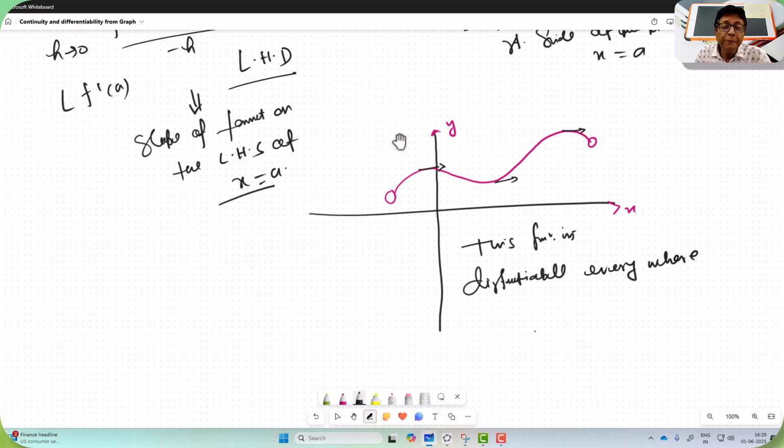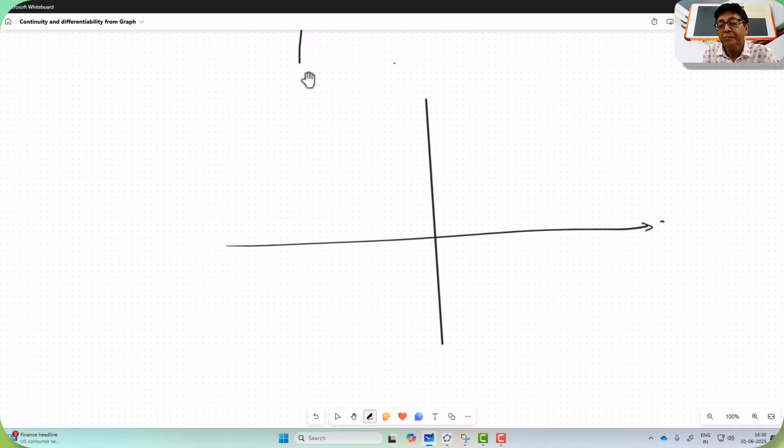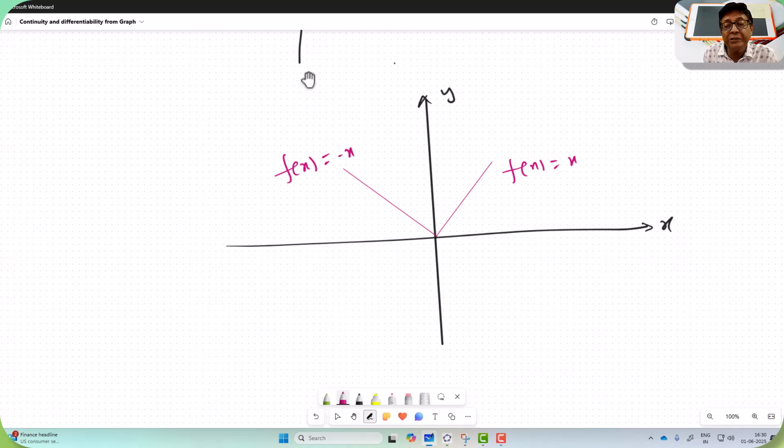But there is a problem when the graph of the function has a corner, sharp edge, like this. f(x) equal to the function mod x. The mod x function doesn't have unique tangent at x equal to 0. f(x) equal to x for x greater than 0, and f(x) equal to minus x for x less than 0.